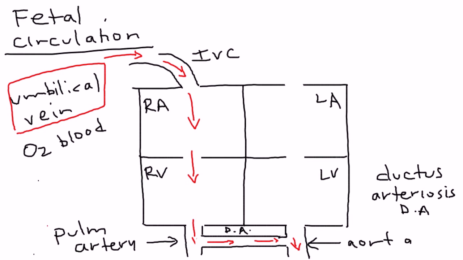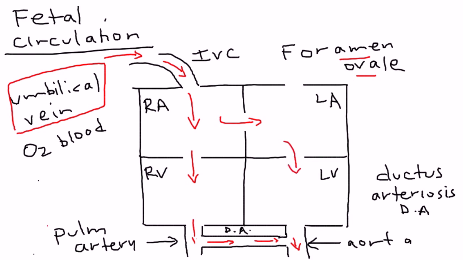Now there's one other hole, and that's up here. And this one is called the foramen ovale. So essentially what happens is when the blood comes back to the right atrium, initially most of it actually goes through the foramen ovale to the left atrium.